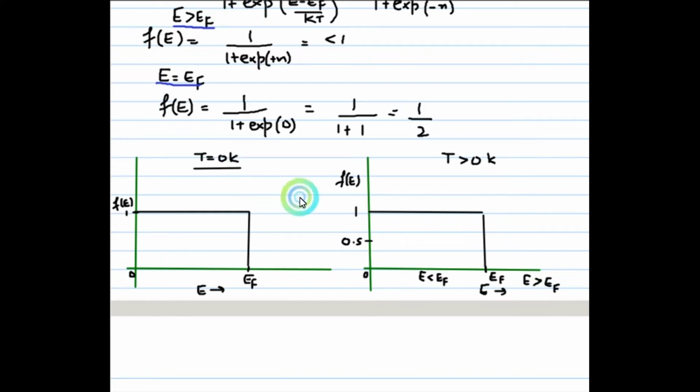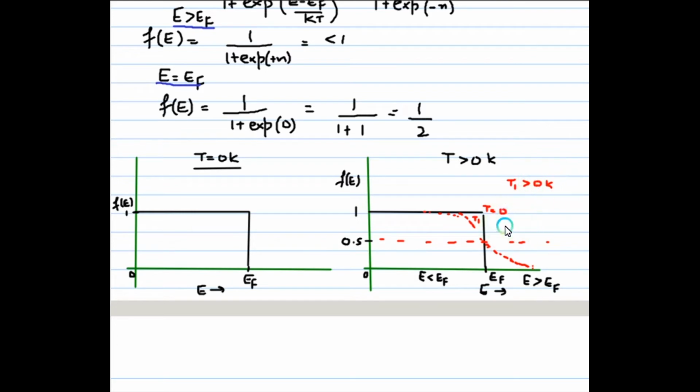So if we plot it, at E equals to EF, it has a value of 0.5. So as temperature increases, it falls from here and it goes like this. All right, so this is for the temperature T equals to 0. This is for temperature T1. T1 is greater than 0 Kelvin.